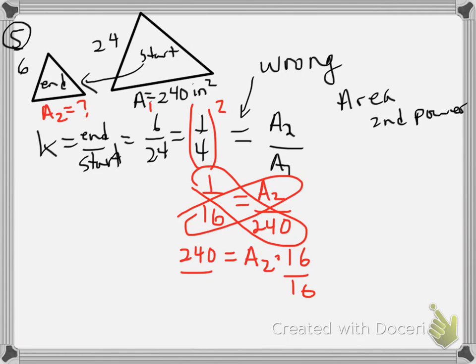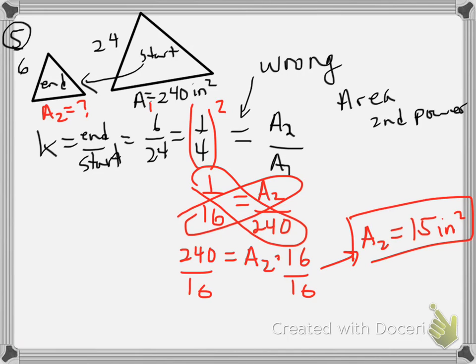Divide by 16, and that gives us the area of the smaller one of 15 inches squared, which is choice A.